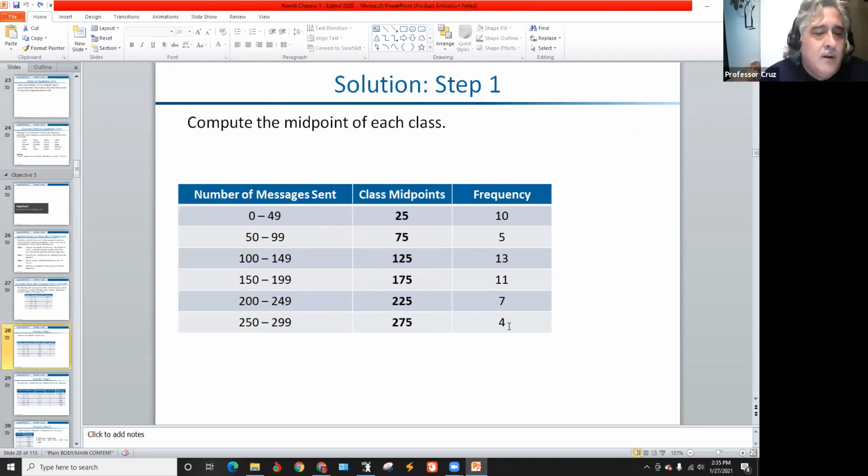First of all, they find the midpoint of each one of the classes. How do they do that? Well, they take the class width and divide by 2. What's the class width on these?